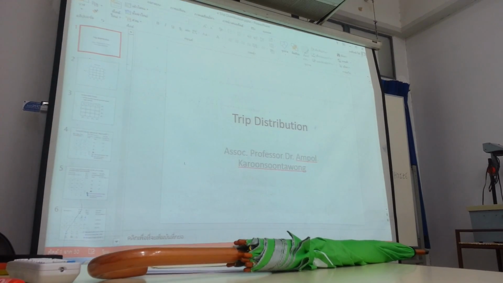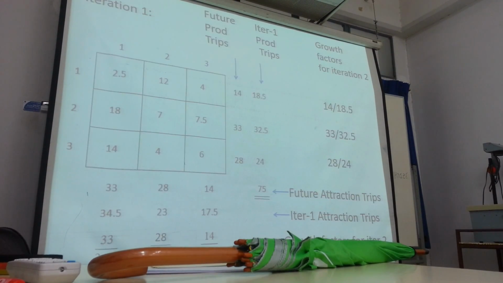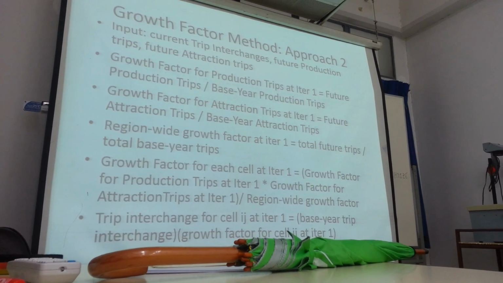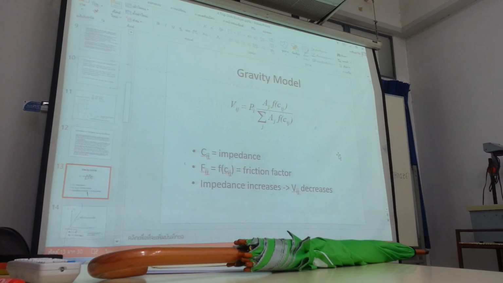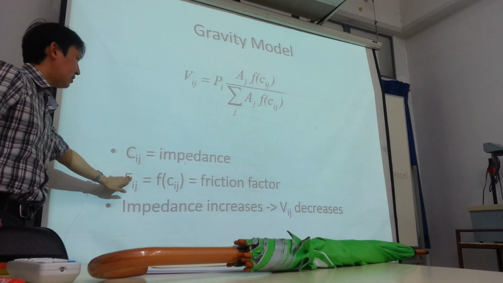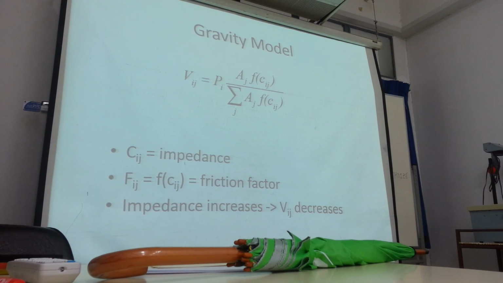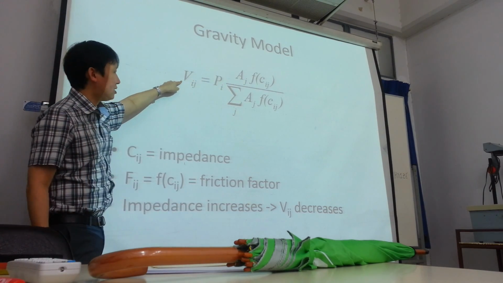In the lecture notes I have 30 slides, but the part related to the gravity model starts at slide 13. Friction factor is the thing we are going to determine, so we call it calibration. The calibration step uses the collected data, the data of the productions, the attractions, and the trip interchange.